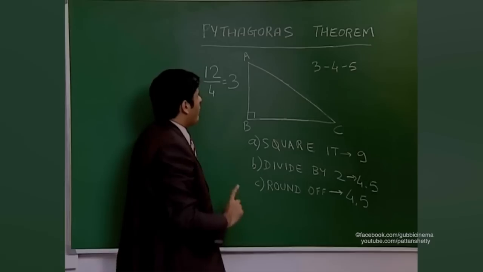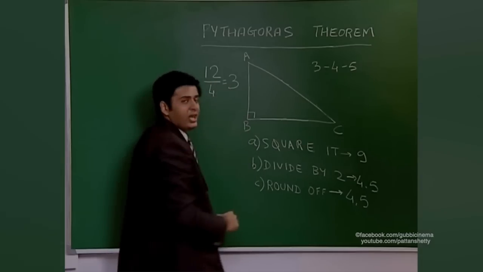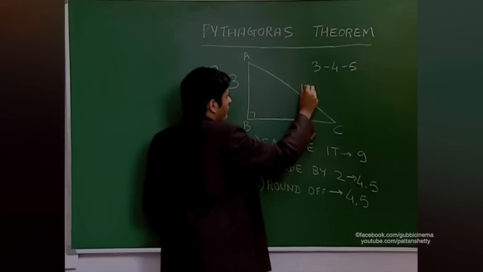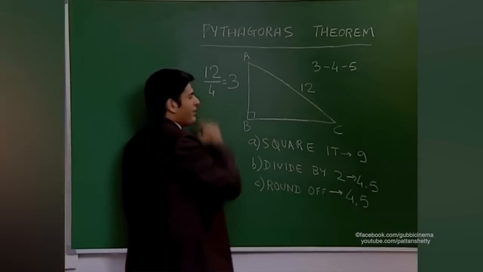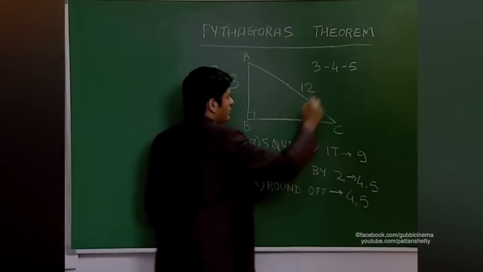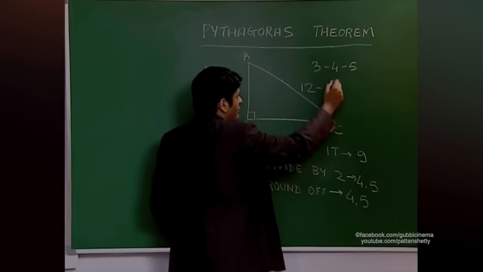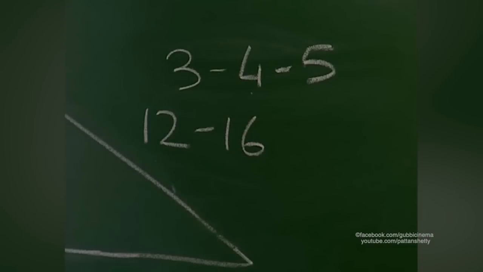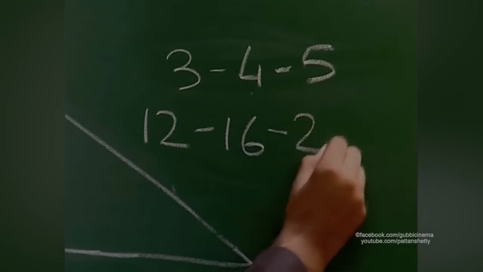But as I said, I want a triplet whose original value is 12. Since I have divided by 4, I am going to multiply all the values by 4. 3 times 4 is 12. Similarly, 4 times 4 is 16 and 5 times 4 is 20.